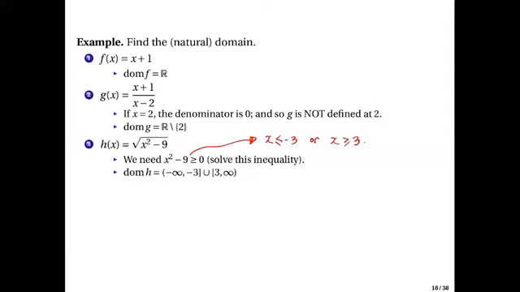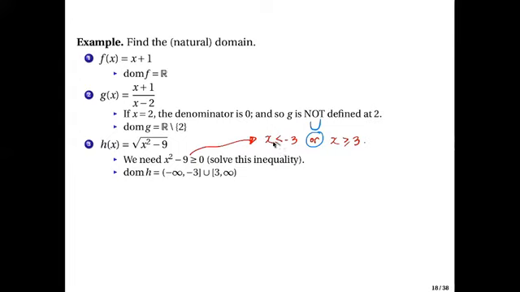This "or" here, in symbol, is your union. That's why you have this union here. Okay? That "or" means union. So you combine this set with this set.